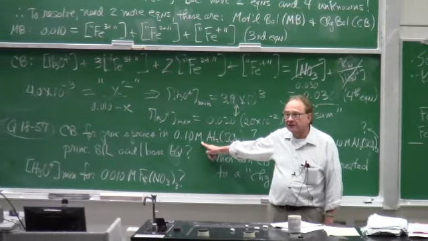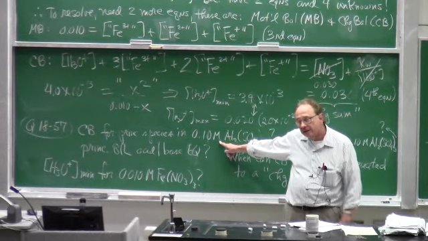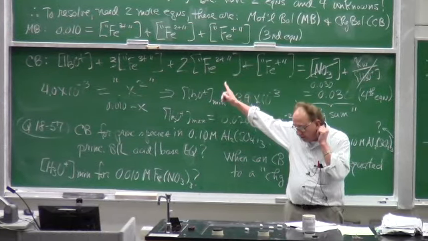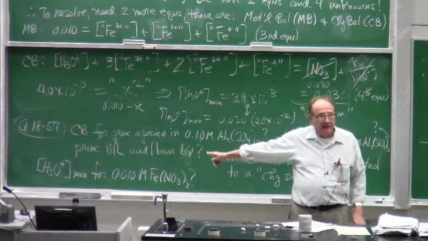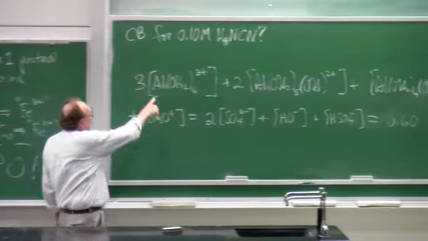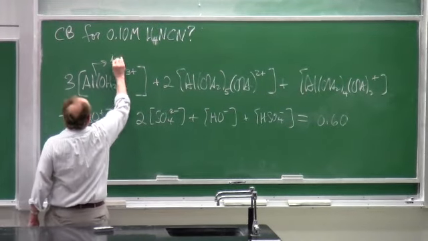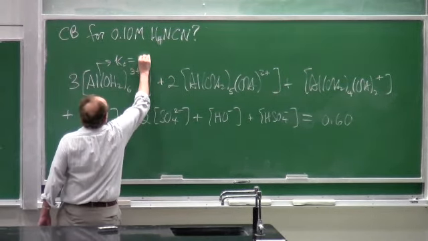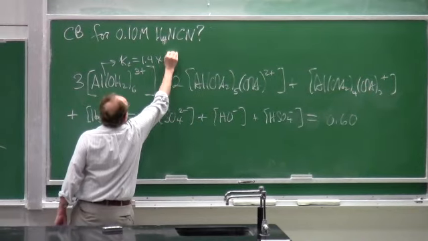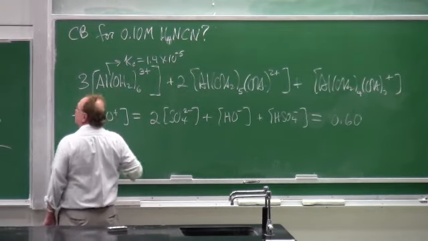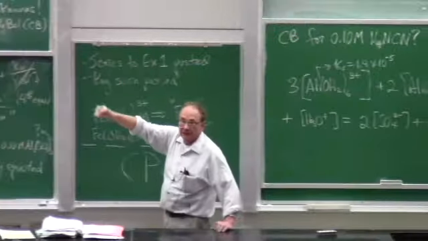That means ionization extents for this system will be, compared to this, smaller. And if you look at the acid-base table, you'll see that Ka for this thing is 1.4 times 10 to the minus 5. That's a good deal smaller than 4.0 times 10 to the minus 3.